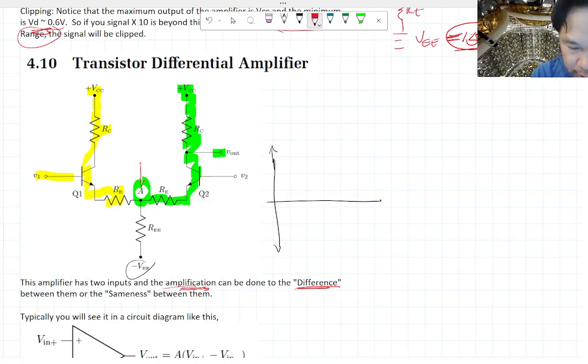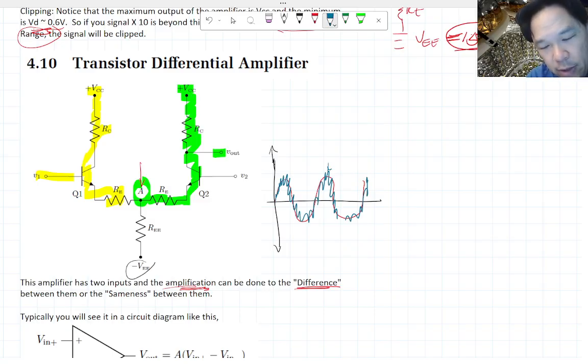Let's say you have a signal like this, going up and down, but it has some noise in it. Let's make the noise blue, a little hair here. So the amplifier is going to pick up this noise and amplify that noise also.